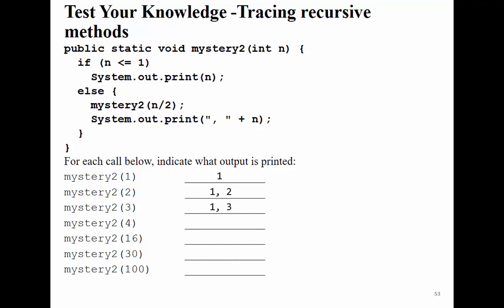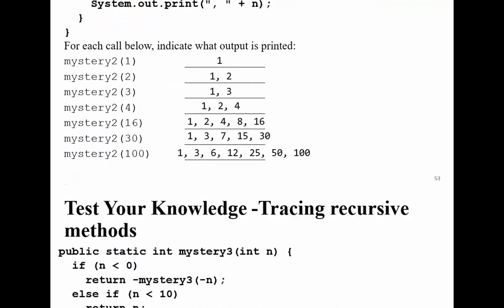So you're going to print 1 and 2, 1 and 3 here, 1, 2, 4, 1, 2, 4, 8 and 16, 1, 3, 7, 15 and 30, 1, 3, 6, 12, 25, 50 and 100.